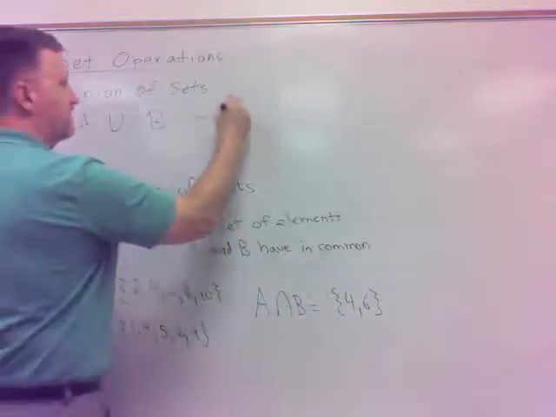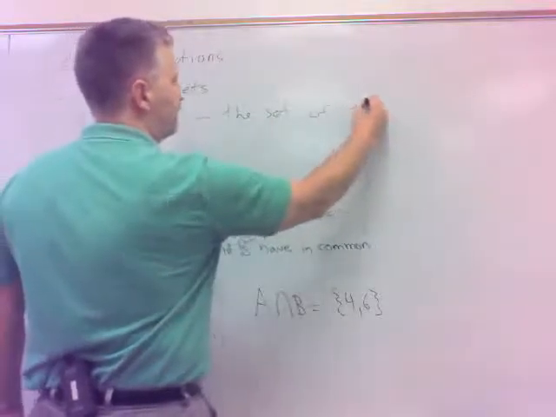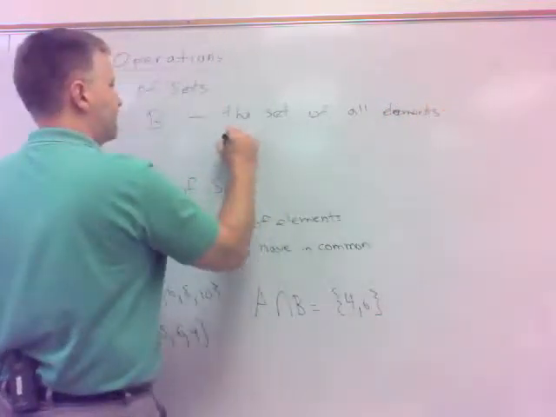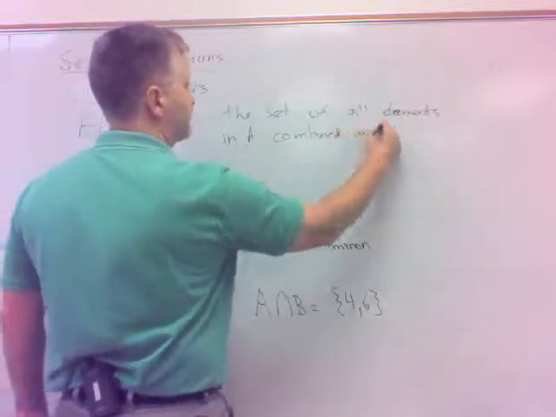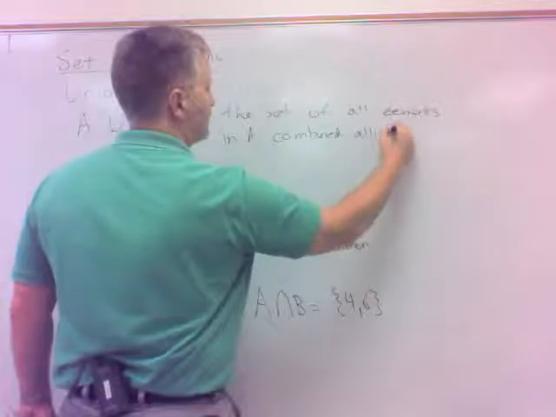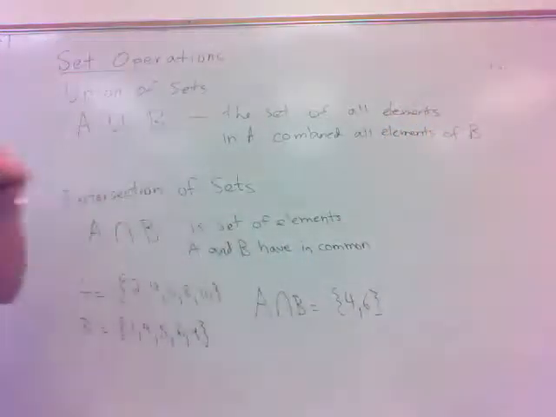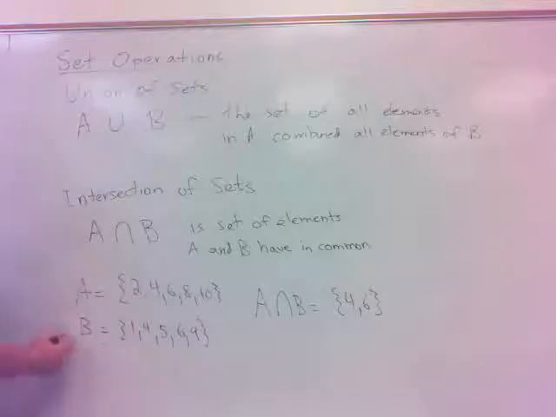This is the set of all elements in A combined with all the elements of B. In other words, we're just going to dump the two sets together. The union of two sets, we take all the elements of A and combine them with the elements of B. So back down here, same two sets.